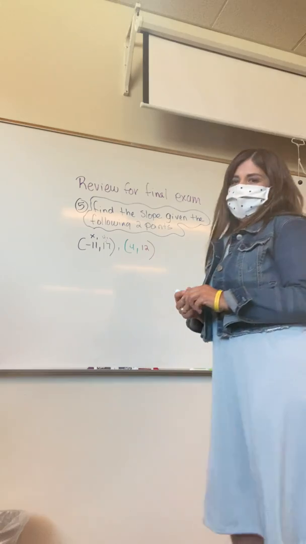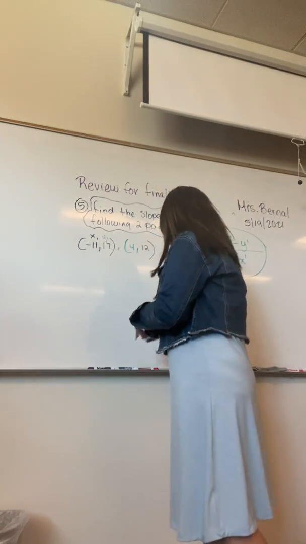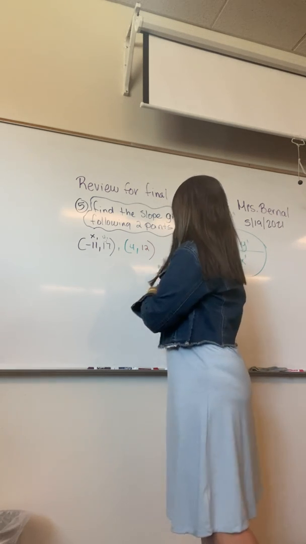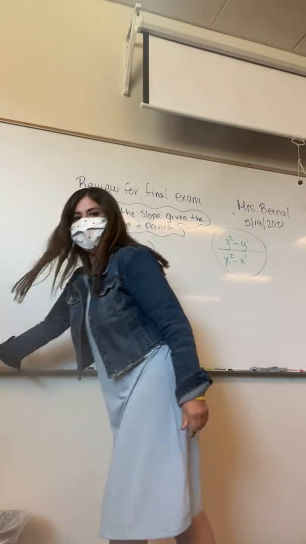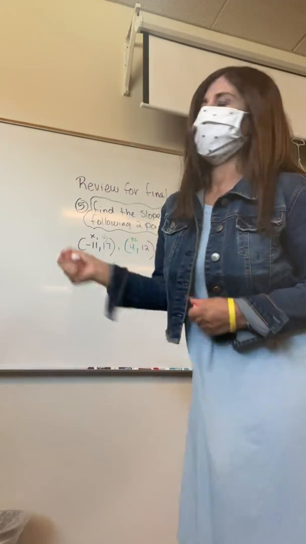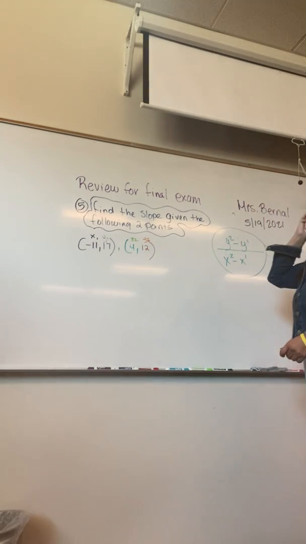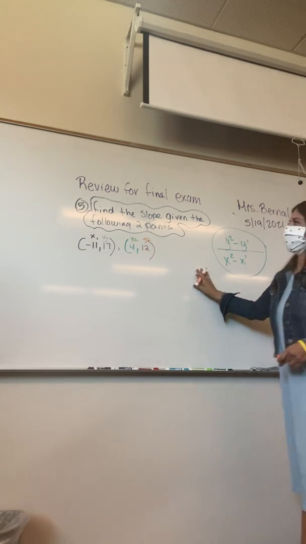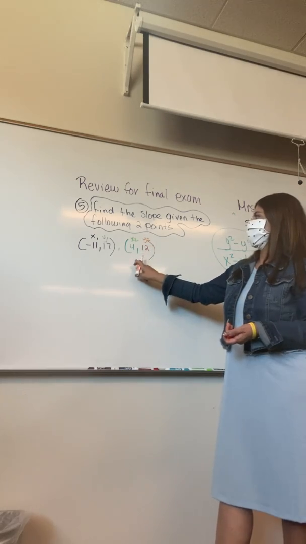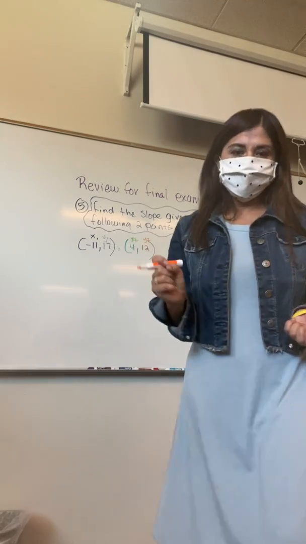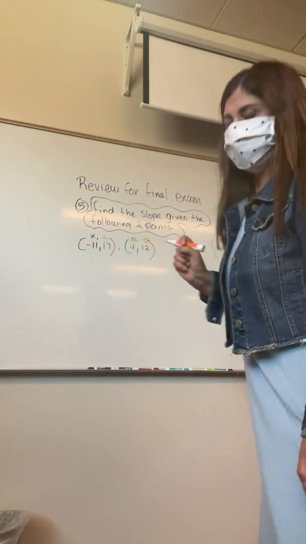And the 4 is what? x2. And the 12 is y2, okay? So this is pretty much the first step: label them as your x1, y1, x2, and y2. Once you do that, you are going to plug in the numbers using the formula.